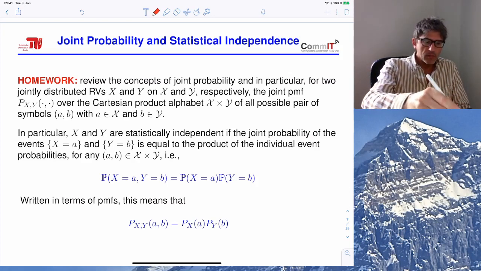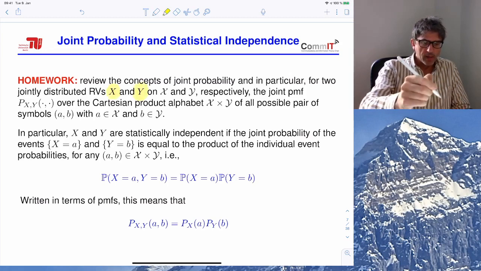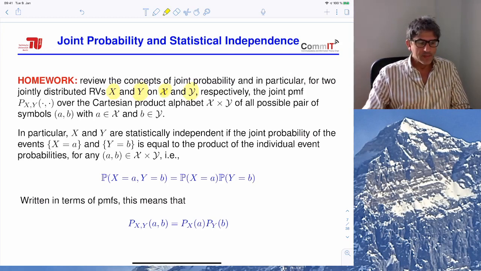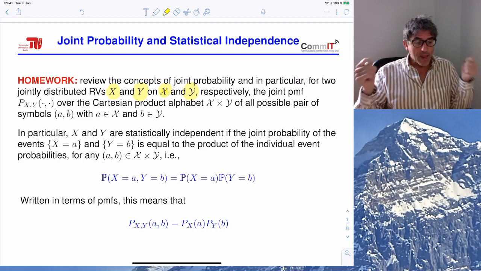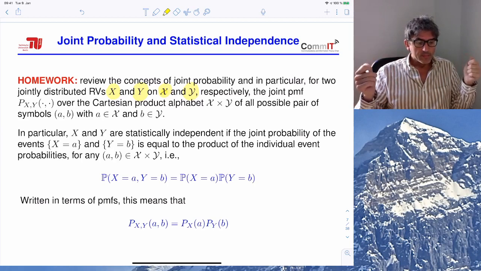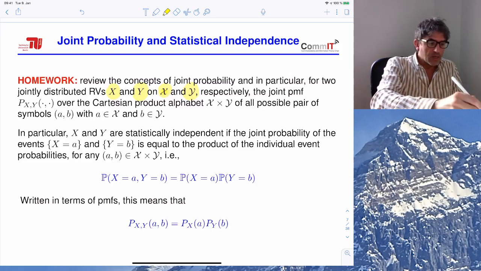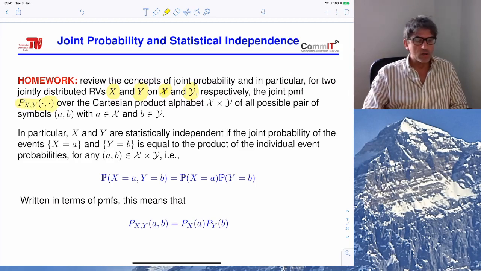For example, let's start with two. We consider two random variables, X and Y, each one taking on values in their own alphabet. And then the distribution of the pair X and Y is called the joint probability mass function. That's just the extension of the concept seen before.